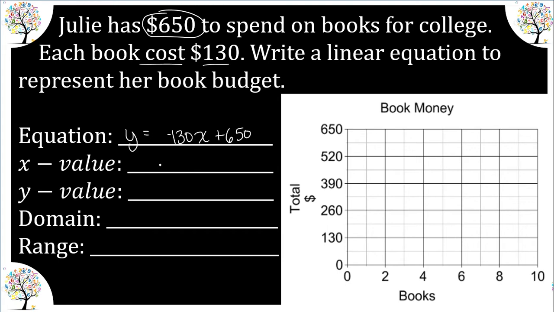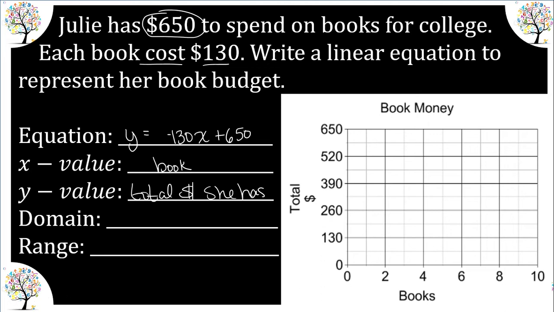The x value is each book, and the y value is total money that she has, because at 0 books, she has $650. So that tells us that y is total money she has. It is not total money she has spent.